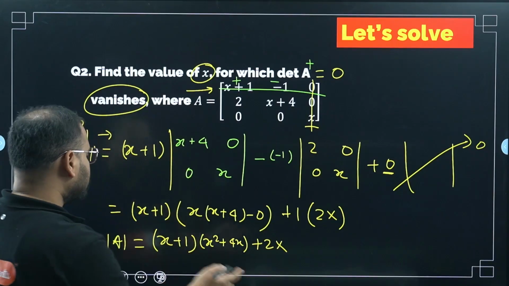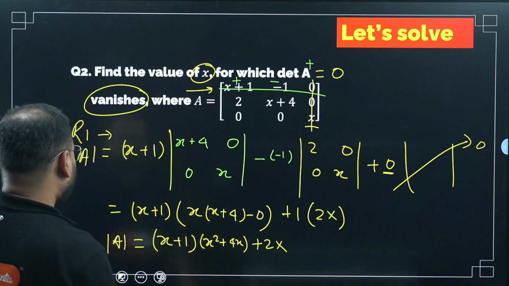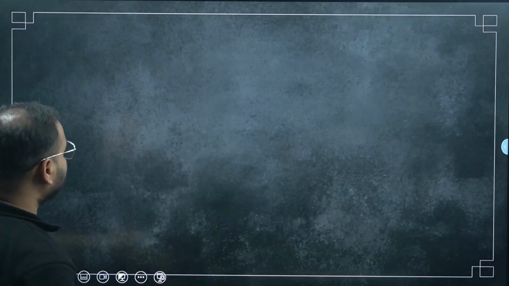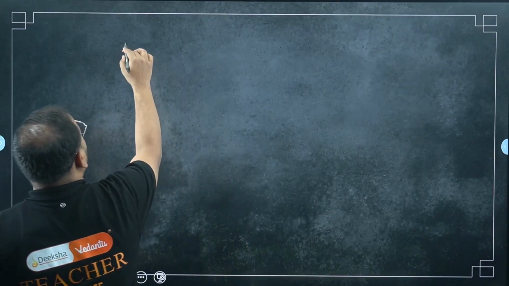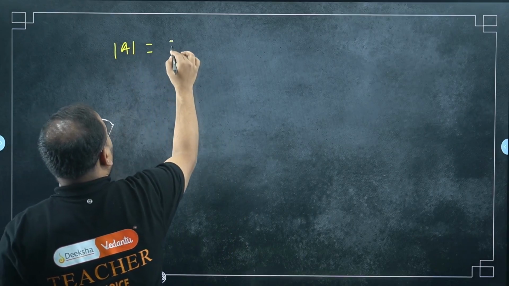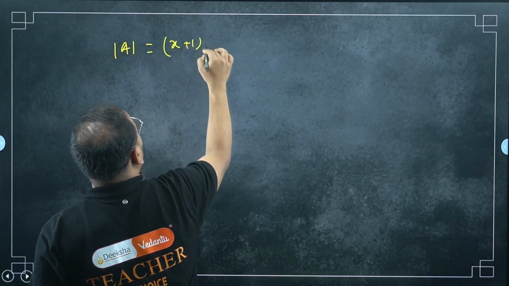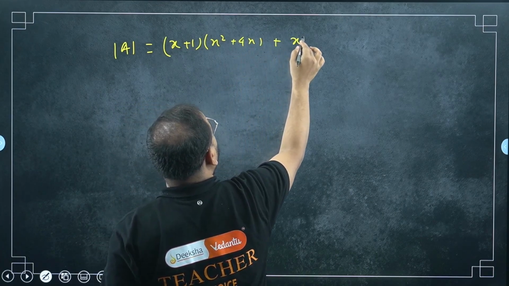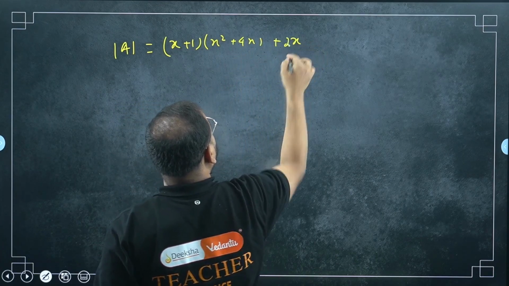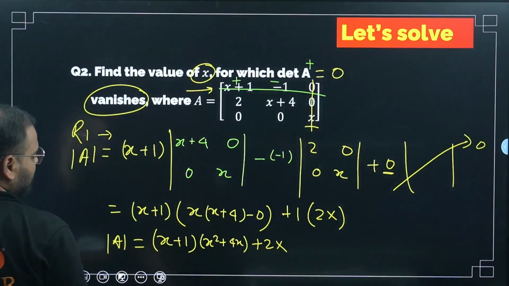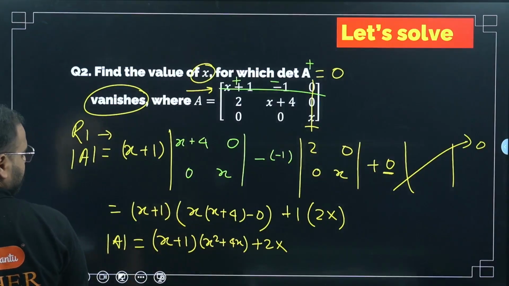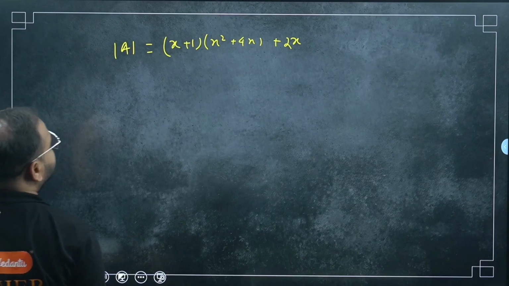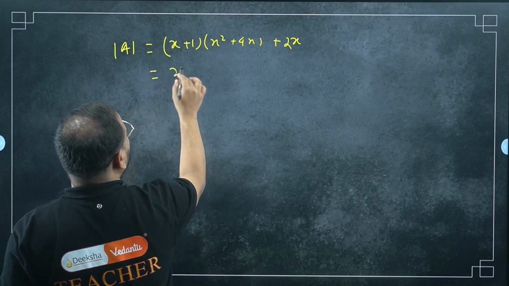So let me just do the expansion again. Over here I can do the next slide. Help me write this. So determinant of A is coming as x plus 1 times x square plus 4x plus what is it? Just 2x. Please check. Just 2x. Okay. So I can take this x as common.